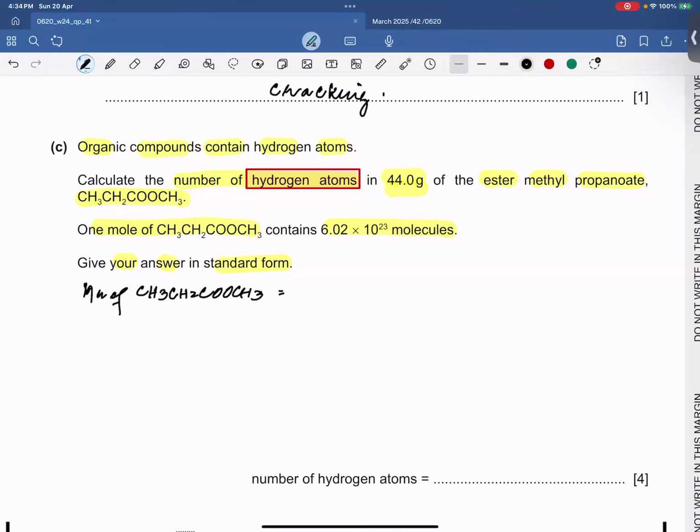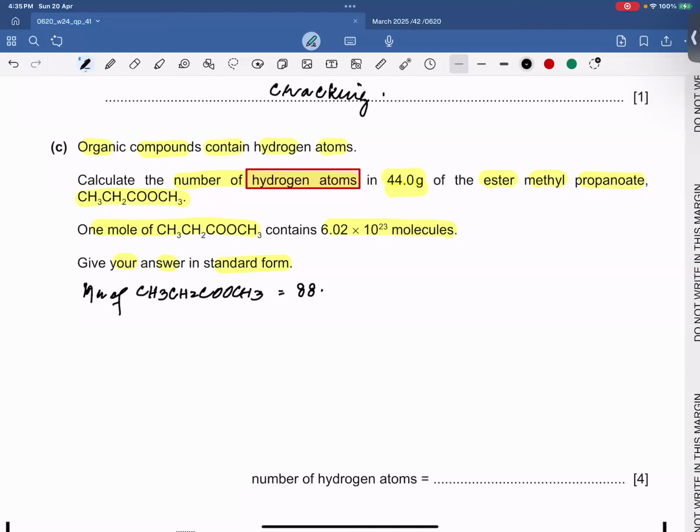So that's 30 plus 14 plus 12 plus 32, which is going to be 88.